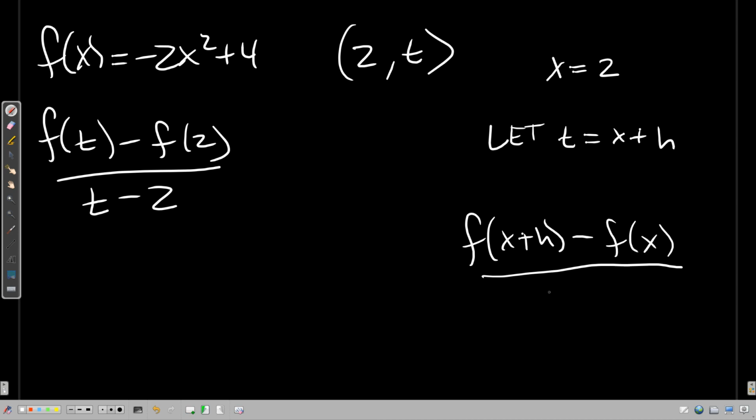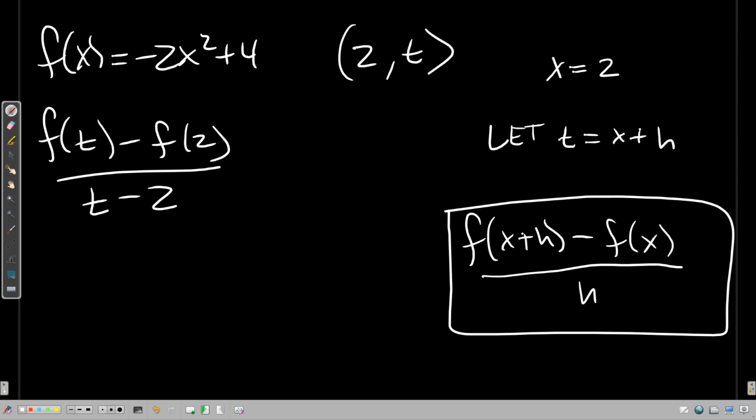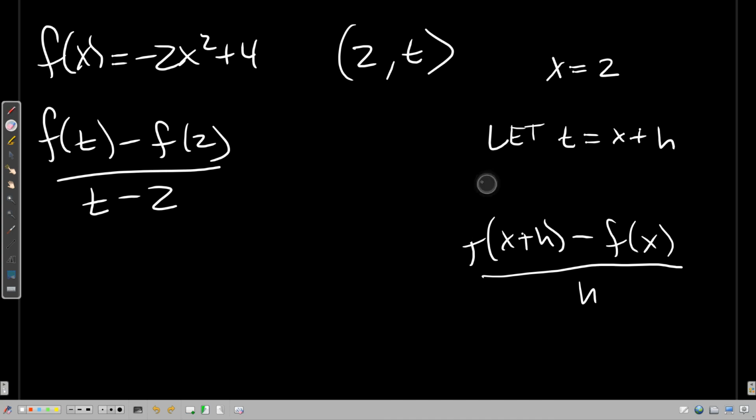This would just be minus f of x, and then in the bottom would be x plus h minus x. And the x's add up to 0, so voila, difference quotient.